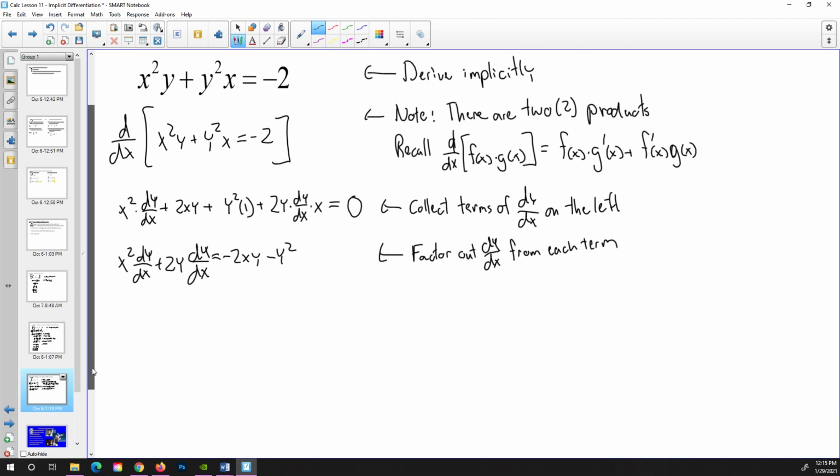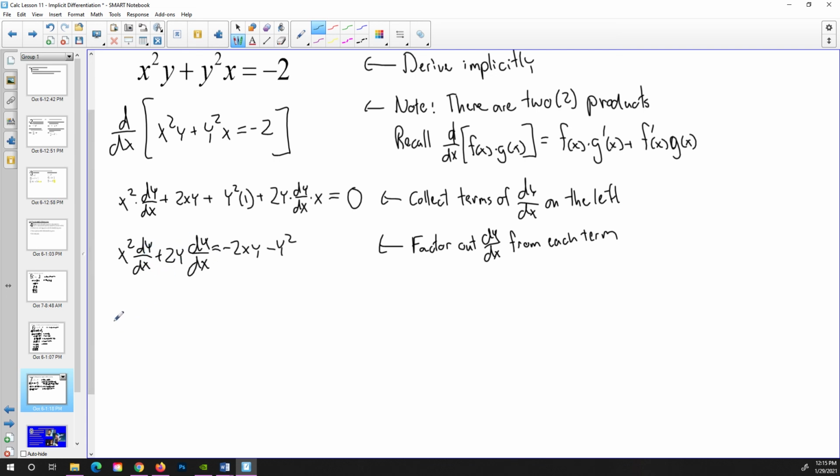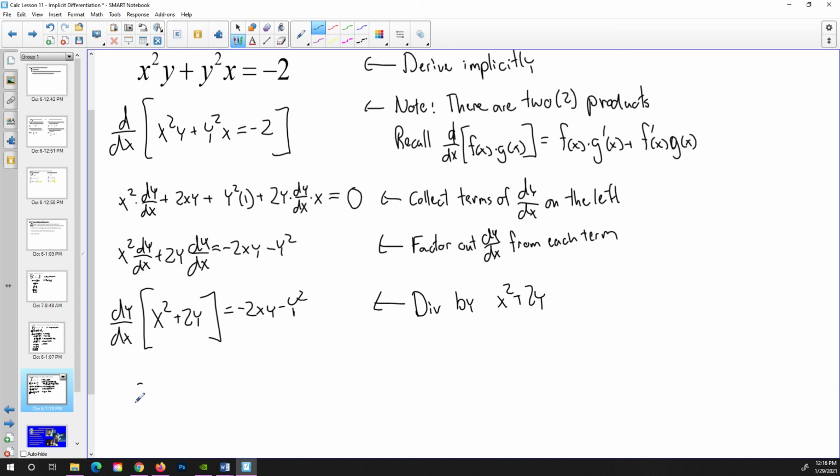All right, and so I can divide out dy over dx from both terms, and that'll leave me x squared plus 2y equaling negative 2xy minus y squared, and we'll finish it up by dividing by x squared plus 2y, and that'll leave me dy over dx is equal to negative 2xy minus y squared all over x squared plus 2y, and that has to be my last and final answer.